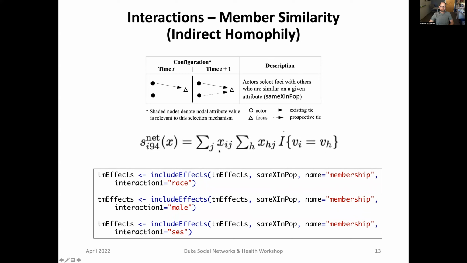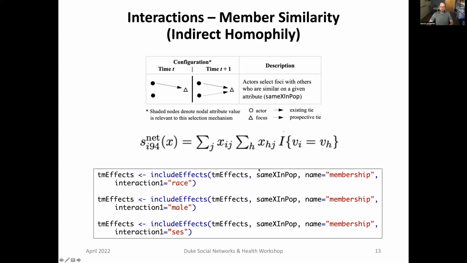So if they don't match, this whole thing turns into 0. If they do match, then this latter half is a 1, and we're simply looking at, is there a tie from I to J, with J being the focus? Is there a tie from I to J? And is there a tie from H to J? And if so, that contributes 1 to this statistic.